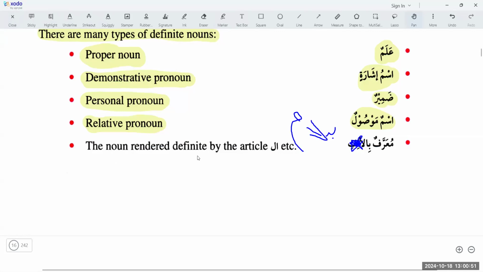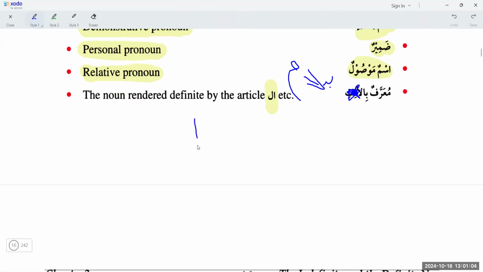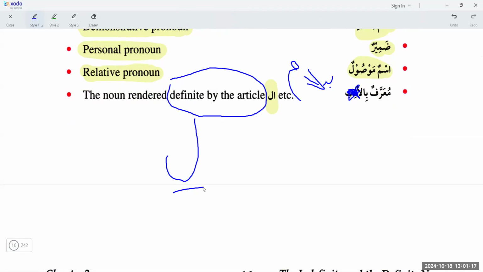The noun rendered definite by the article al. We call it al, alif and lam. And this alif and lam is the article of definite. What is the definite article? Lam is the definite article, not alif.